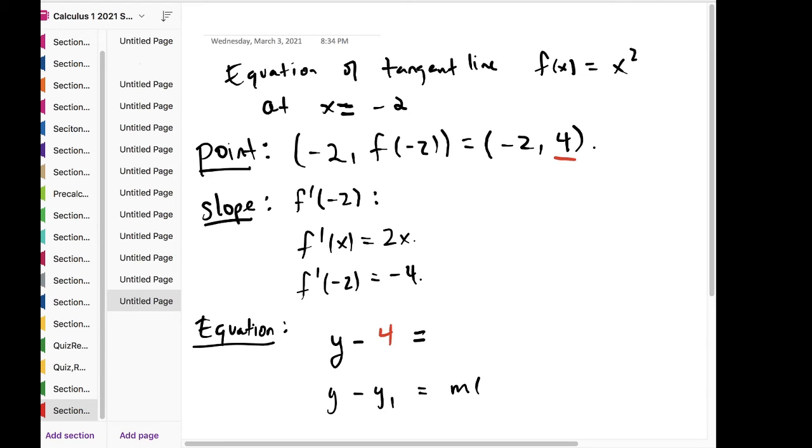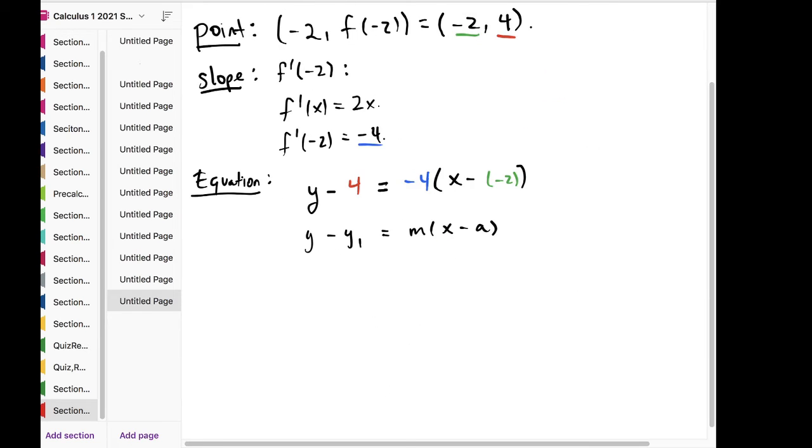Yes, so -4, and then x minus -2, which is x plus 2. Okay, so we can simplify that if we want. We have y minus 4 is equal to -4 times x plus 2. So this is y minus 4 equals -4x minus 8. And y is equal to -4x minus 4.